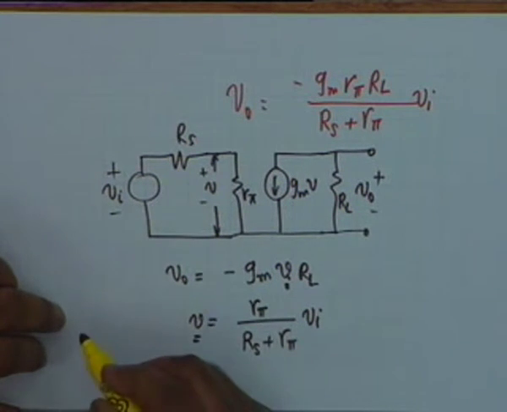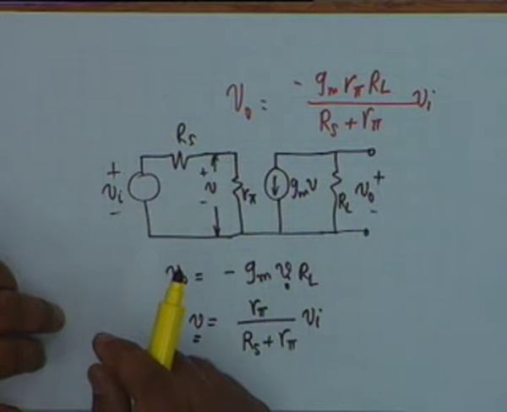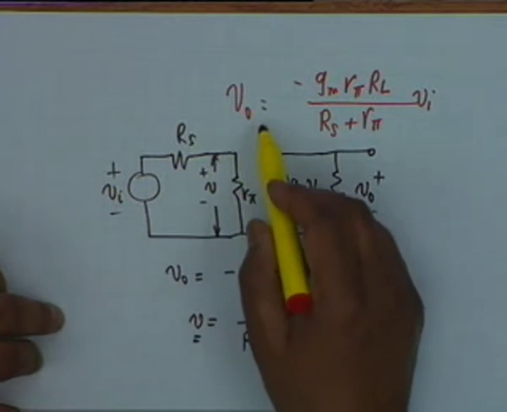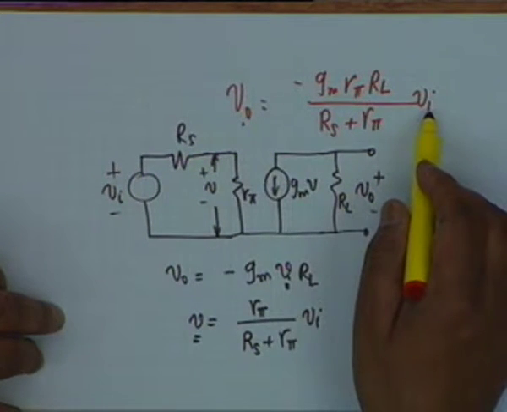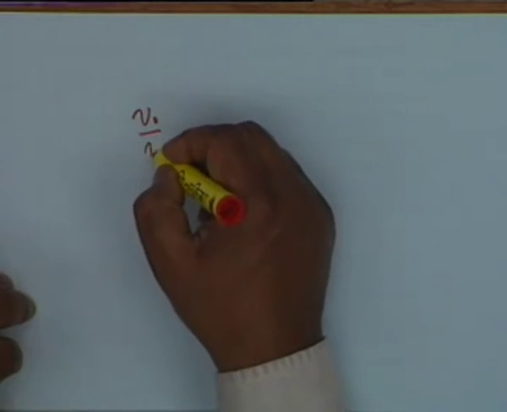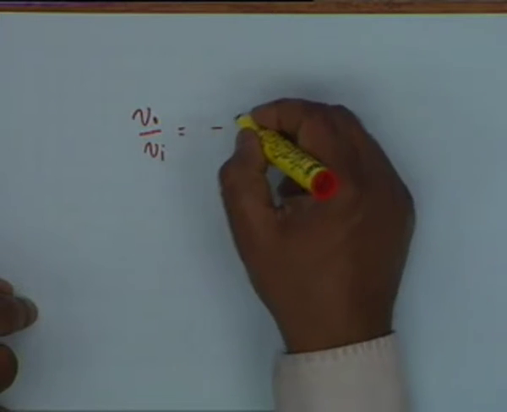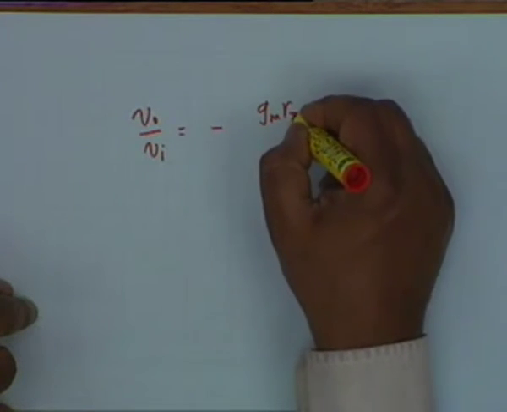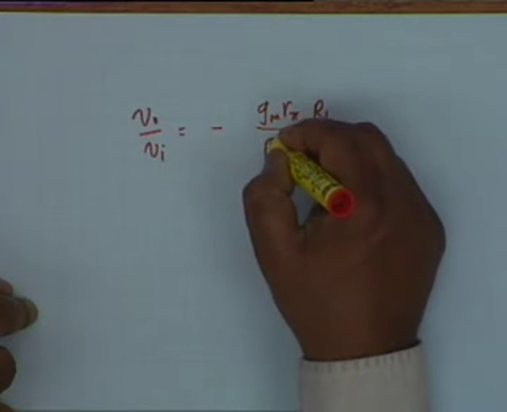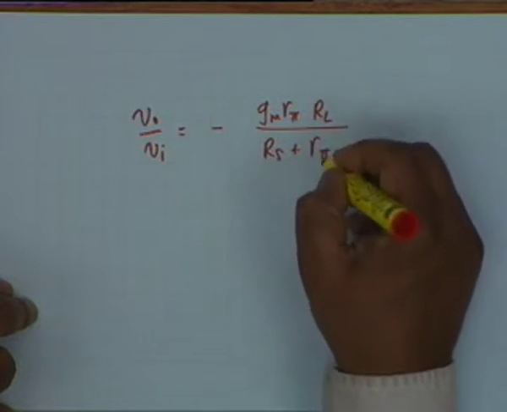Therefore, the gain of this circuit or the amplification of the circuit, which is given by V0 by Vi, would be equal to minus Gm R pi RL divided by Rs plus R pi.